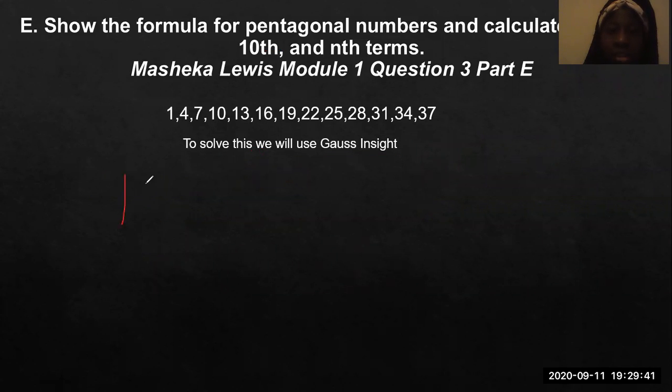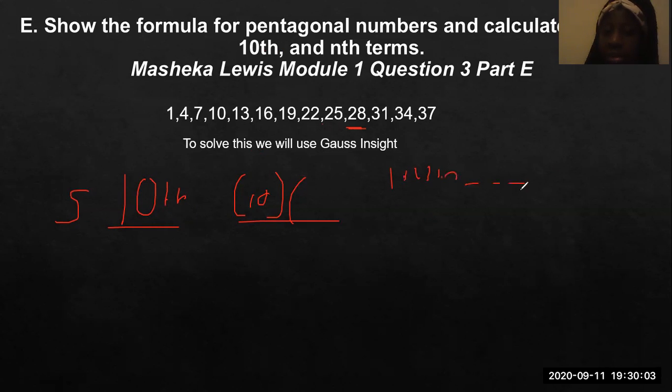Let's compute the 10th. Same process. I'm going to write 10. Usually the equation is S, but I would usually write 10. So we're looking for the 10th. We go to the 10th term, which is 28 this time. So 1 plus 4 plus 7, and so on, 28 plus so on, 4 plus 1.